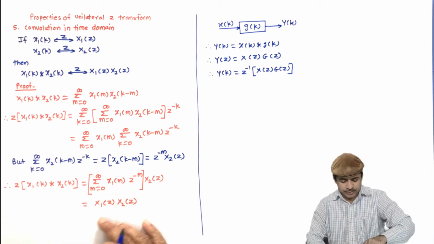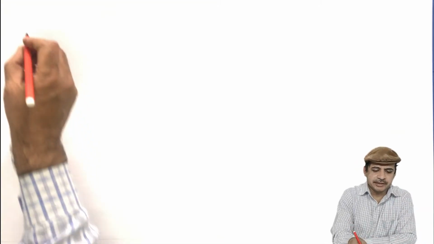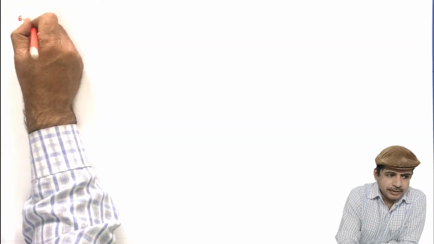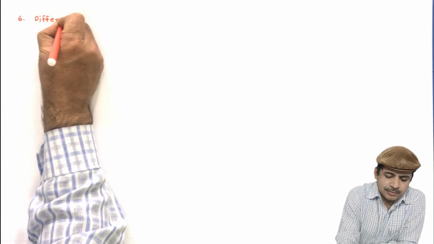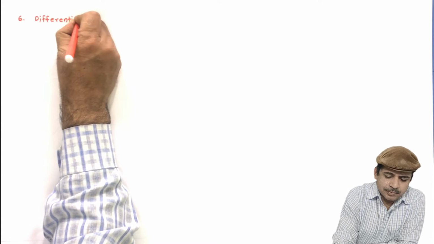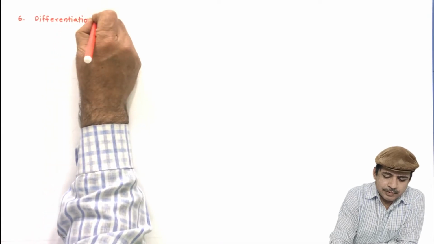Let us move to the next property. Property number 6 is differentiation in the Z domain.